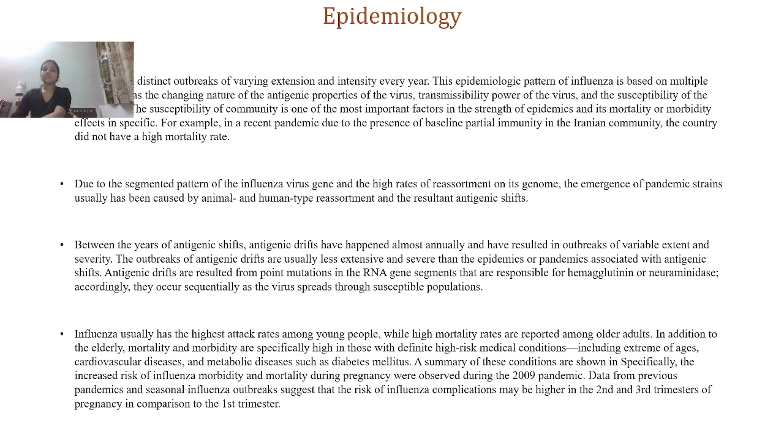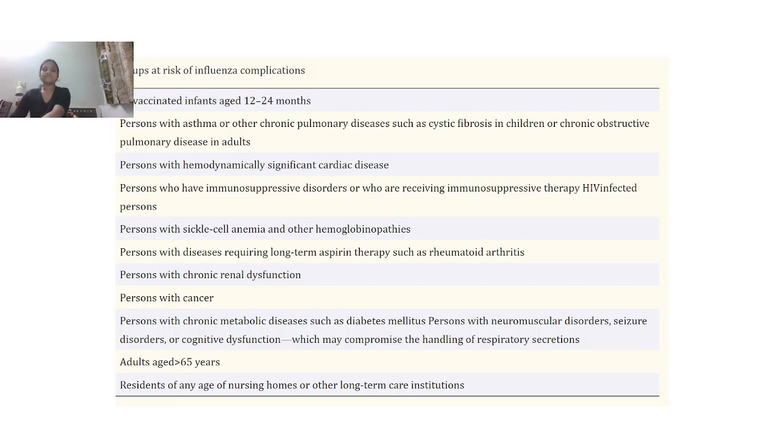That time in 2009, these pregnant people were also at very high risk. Data from different pandemics also suggest that influenza complications were higher in the second and third trimester of pregnancy compared to the first trimester.